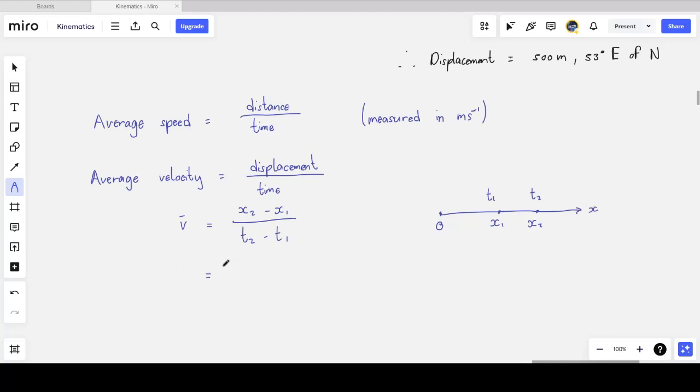And we also sometimes say that this is delta x by delta t. The Greek letter delta stands for change. Change in displacement over change in time. Change in position over change in time.